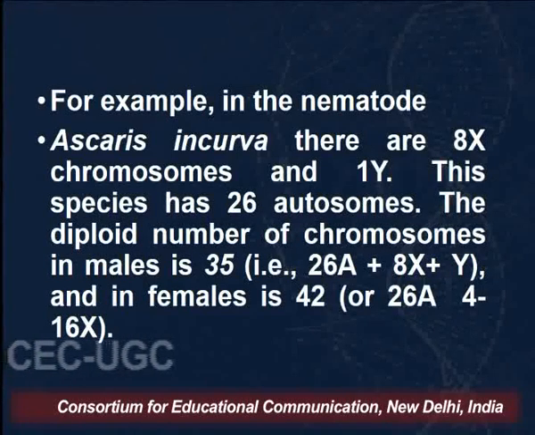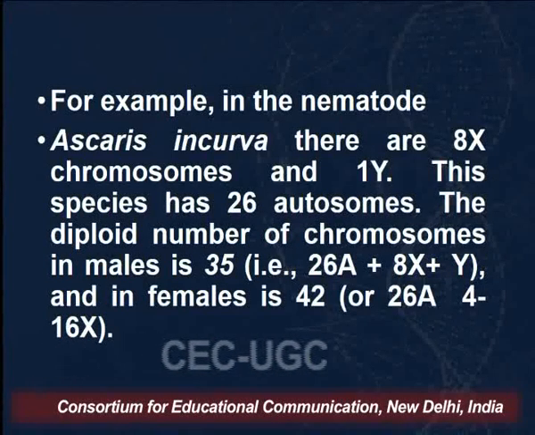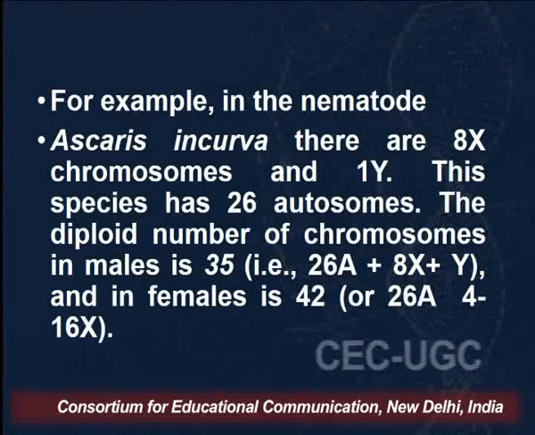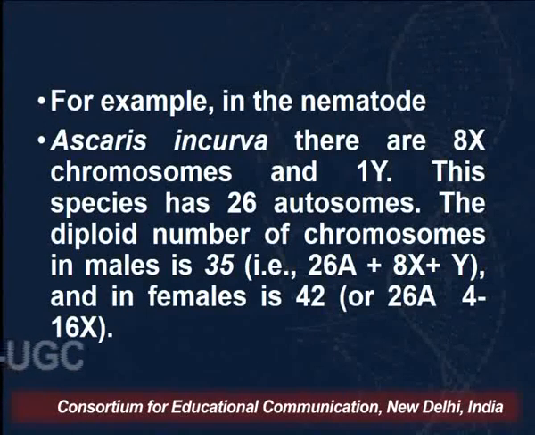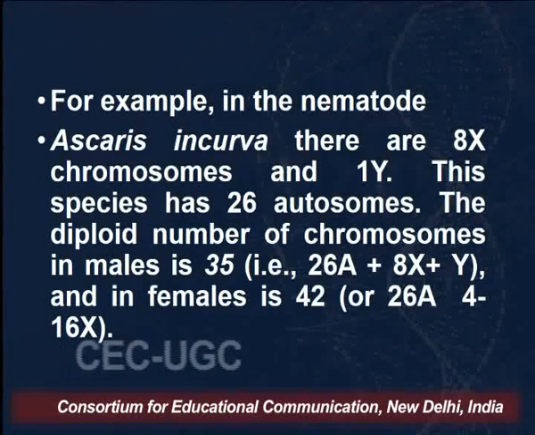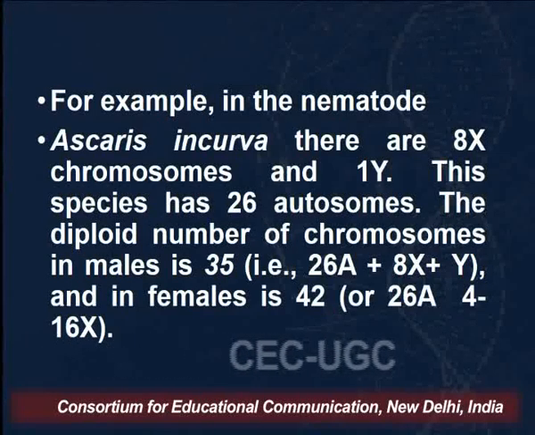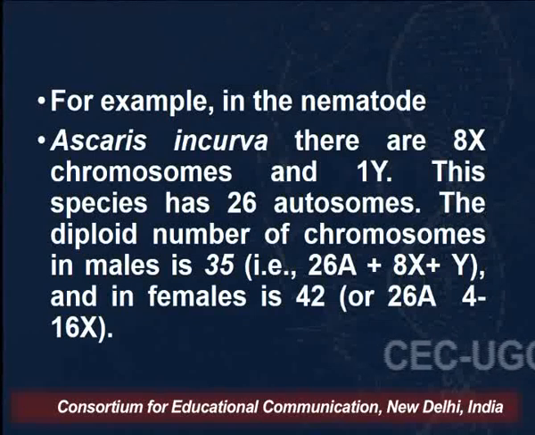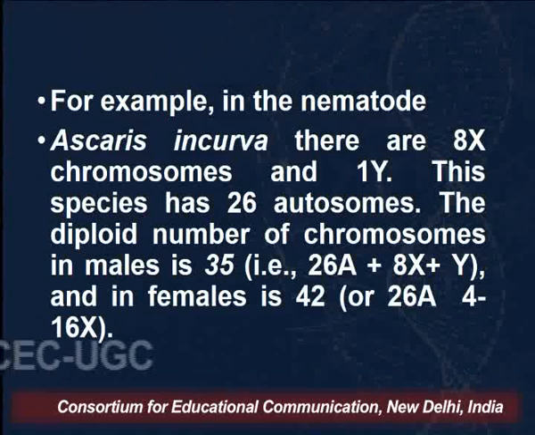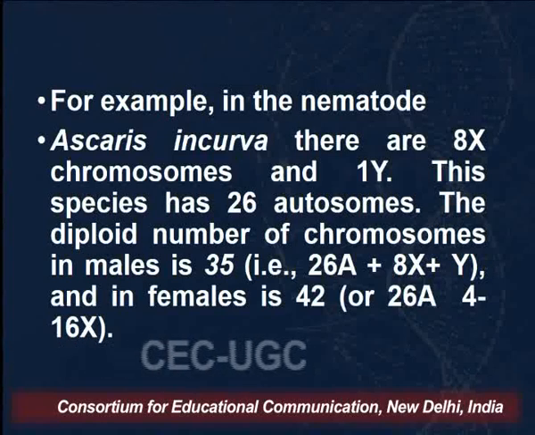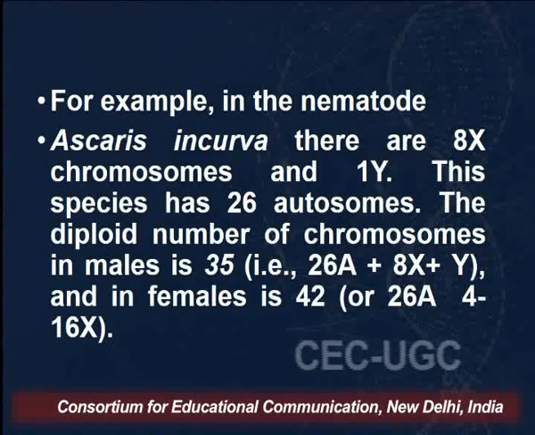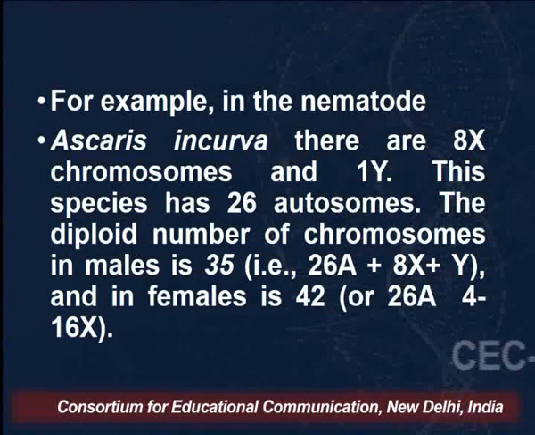The example of a nematode Ascaris is a very familiar one, because there are 8 X chromosomes and 1 Y chromosome in the genome, and in addition the species has 26 autosomes. So in all it makes 26 plus 8 plus 1 Y, that is 35, and this is the situation in males.